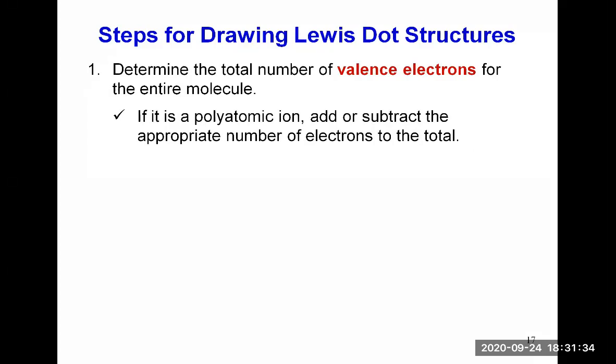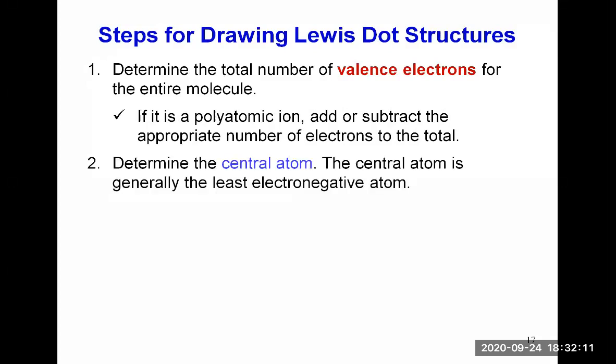They move around as a unit. So you will add or subtract the appropriate number of electrons to the total. If you have a polyatomic ion, you need to remove an electron if it's a cation, a positive ion, and add an electron if it's a negative ion. For each negative charge, you will add an electron. So let's say it's CO3 negative 2, you would add 2 electrons to the total of valence electrons from the atoms.